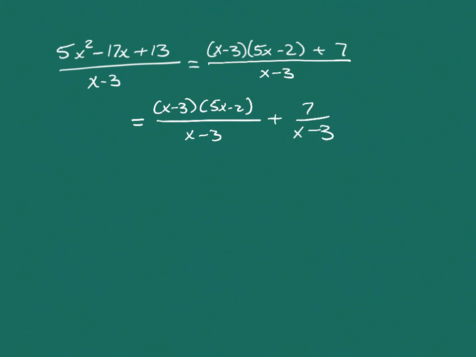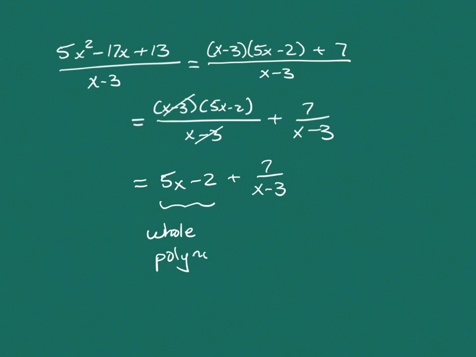Now my x minus 3 terms cancel out, and I am left with 5x minus 2 plus 7 over x minus 3. Sure enough, what I end up with is a whole polynomial and something that looks like a proper rational expression.